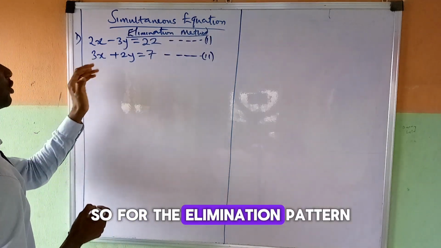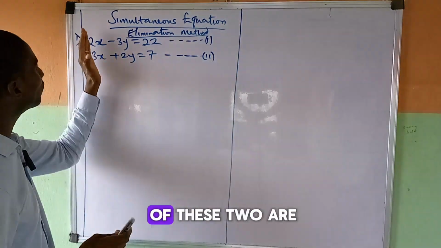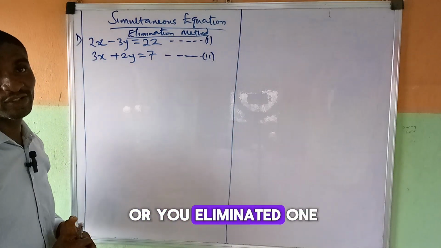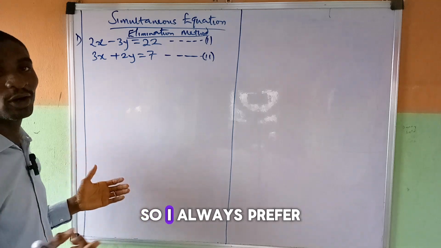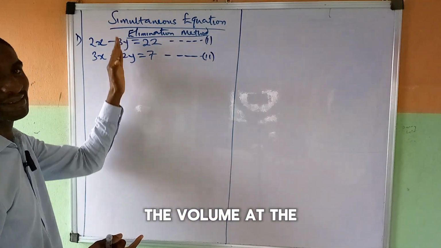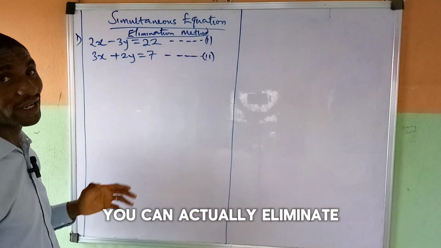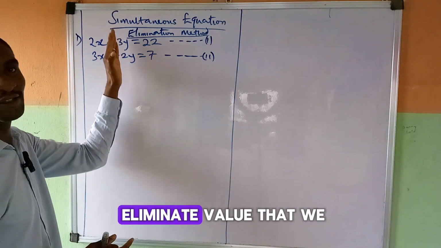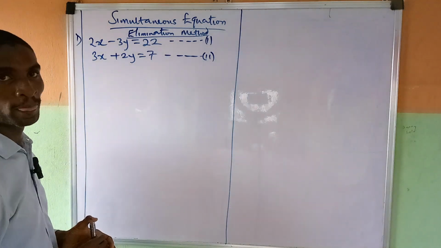For the elimination method, you will decide which of these two you are eliminating first. Are you eliminating x or y? I always prefer to eliminate the value at the middle, but you can eliminate either one first. So let's eliminate the value at the middle here, and that is y.